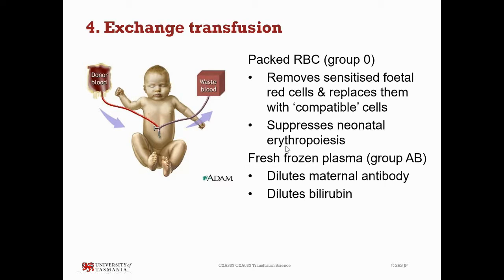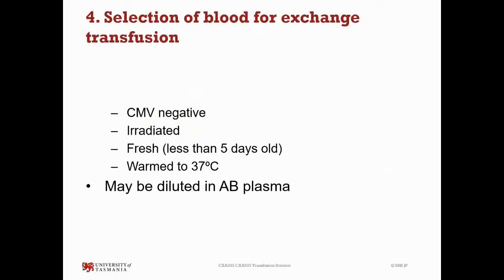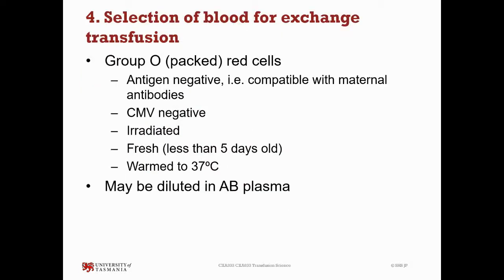And so you can actually do a full body exchange this way. So it, as I said, increases hemoglobin, dilutes the maternal antibody, and also dilutes the bilirubin, and also increases the albumin concentration. So it does quite a few things. And again, the blood that we use here is group O packed cells, which is antigen negative for the maternal antibody.